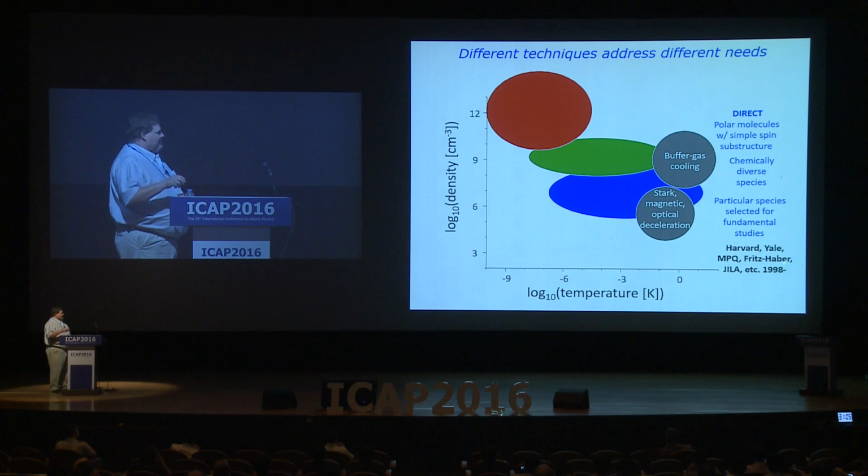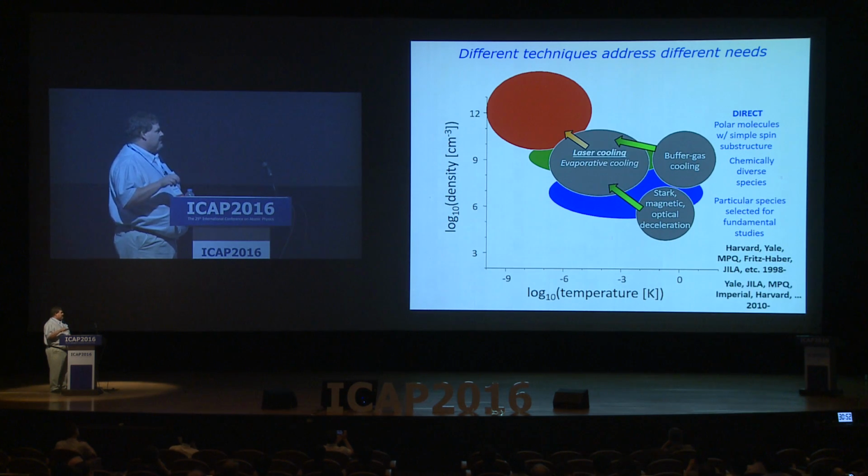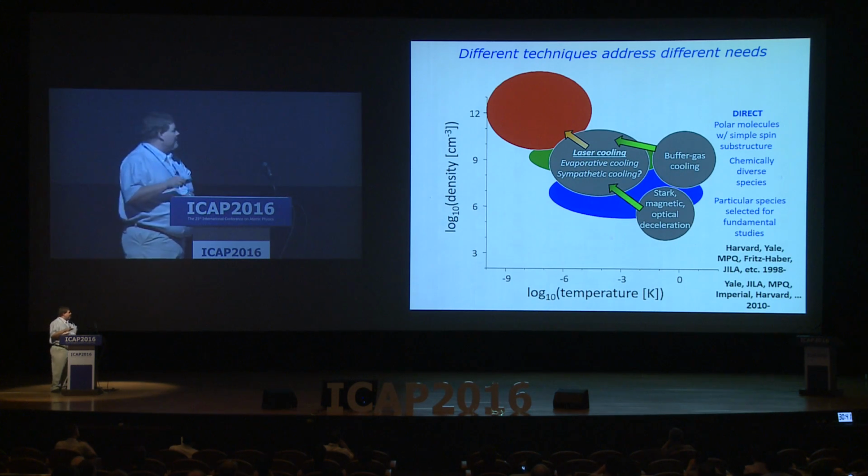There's been a development of this over the last 20 years or so using techniques like buffer gas cooling or Stark deceleration. But what we and many other groups have been pushing on over the last few years is to extend these techniques to the regime of higher phase-space density using methods such as laser cooling, evaporative cooling, and hopefully in the near future, sympathetic cooling. So for the rest of my talk, I'll really focus on laser cooling.